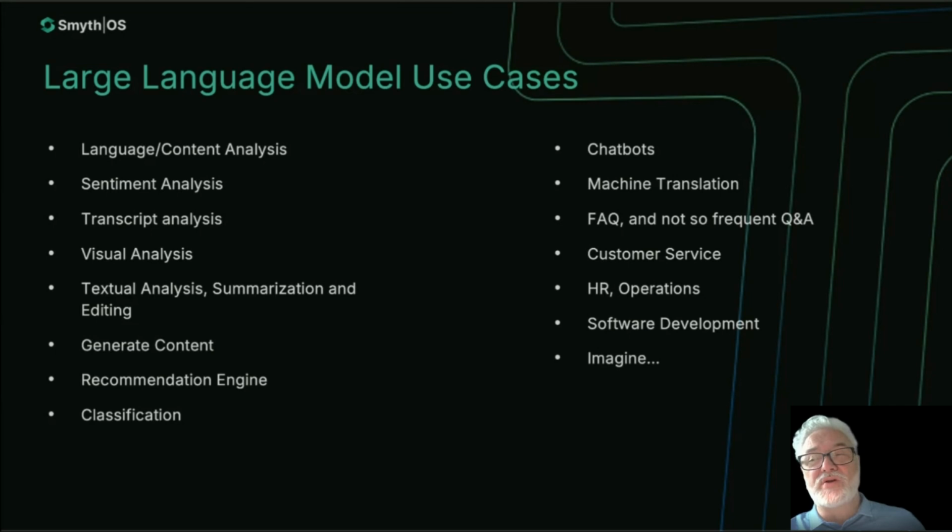Textual analysis, summarization, editing of documents, generating content, recommendations for things in e-commerce, because it can look at and compare textual content and visual content and find more of what you want and make recommendations to you. And it can classify things, can start from the high level and tell you, yeah, this really belongs in this classification versus that classification.